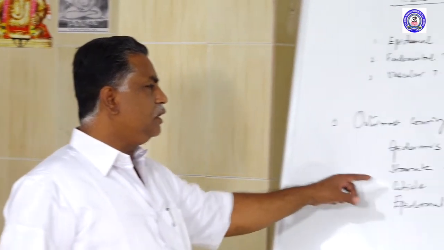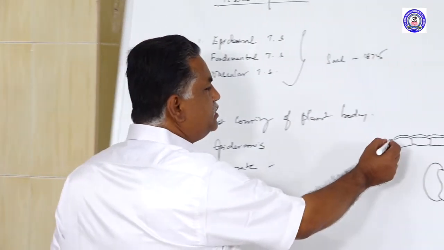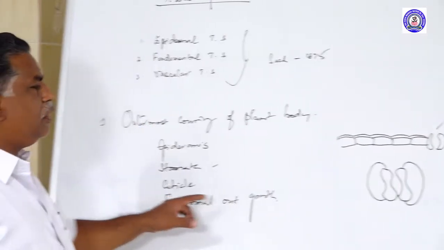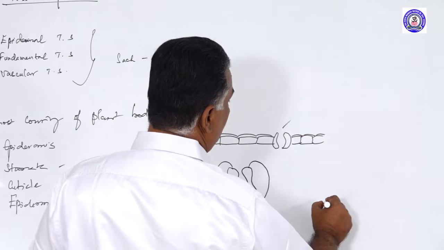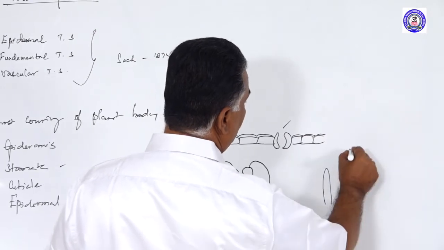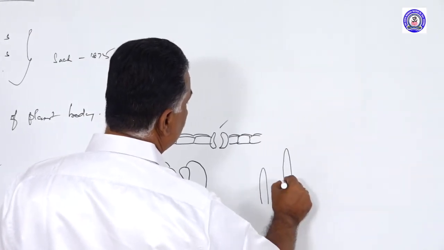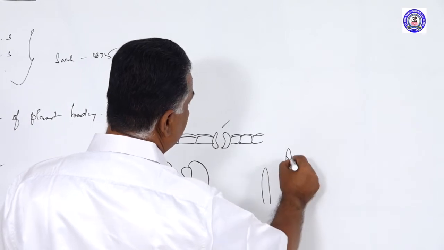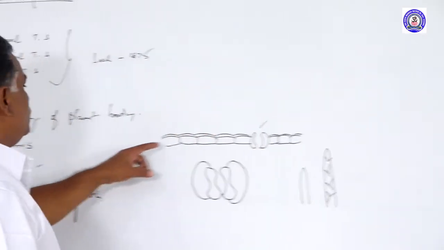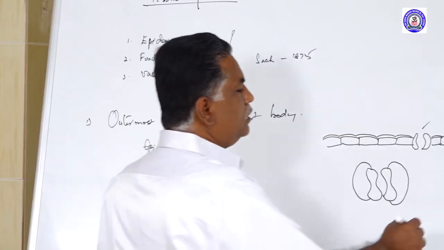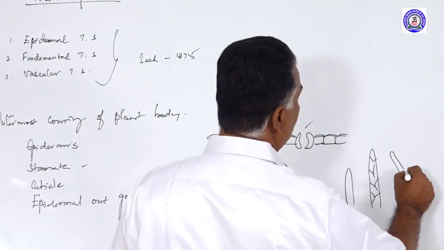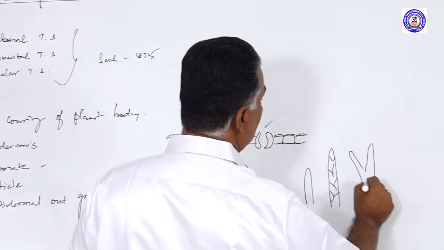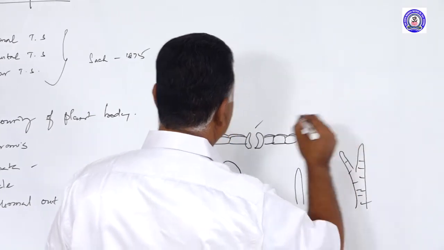And cuticle, as I said, protects the epidermis. Then epidermal outgrowths: in some cases, there are unicellular or multicellular outgrowths present on the epidermis. These multicellular appendages may be branched or unbranched, and these are called trichomes.